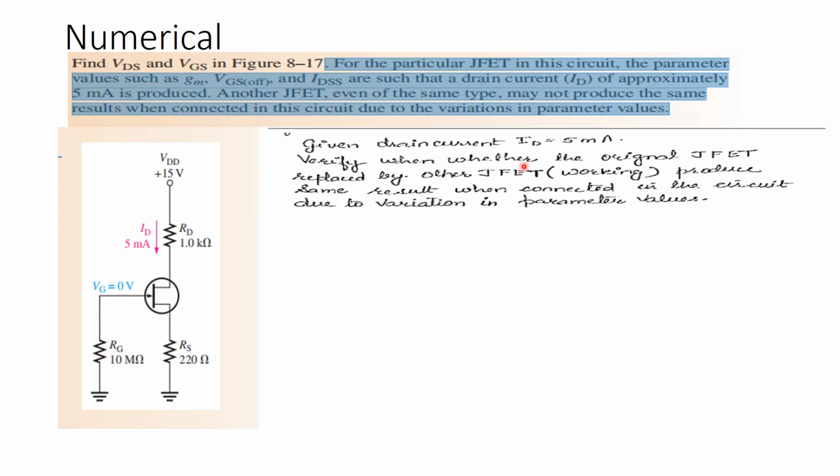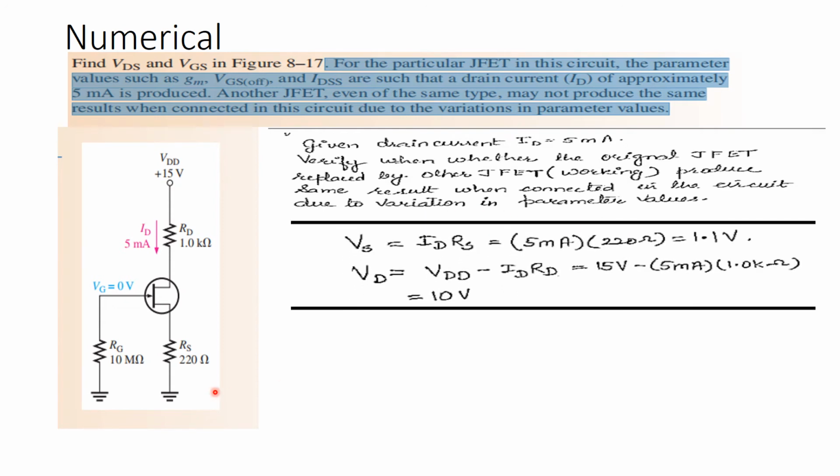So given the drain current as 5 milliamperes, if it is replaced by another junction field effect transistor which is in working condition, will it produce the same result in the circuit despite variation in the parameter values? So find out the required set of values for this given configuration with this junction field effect transistor.